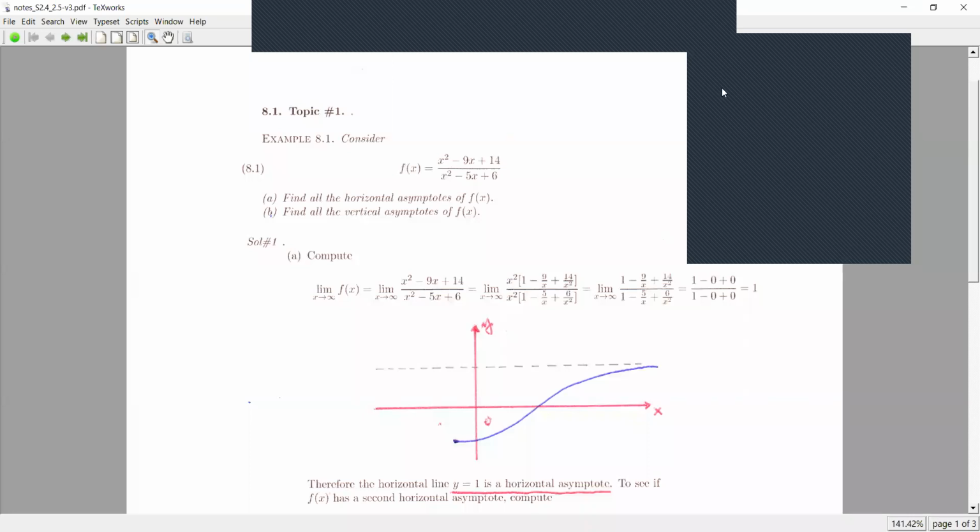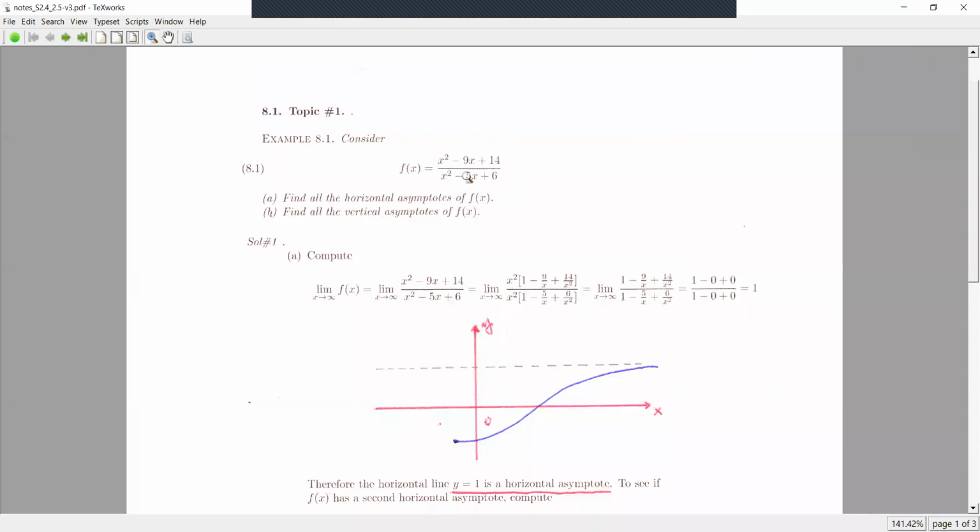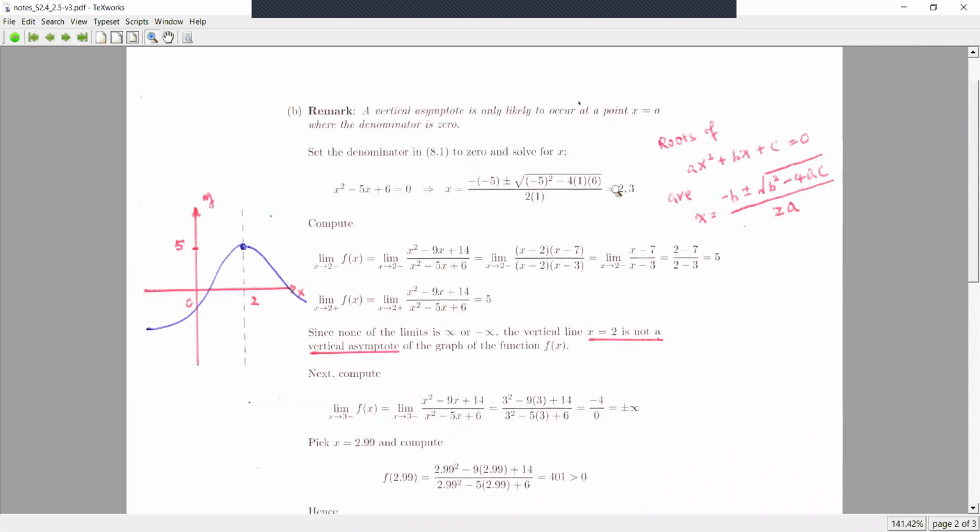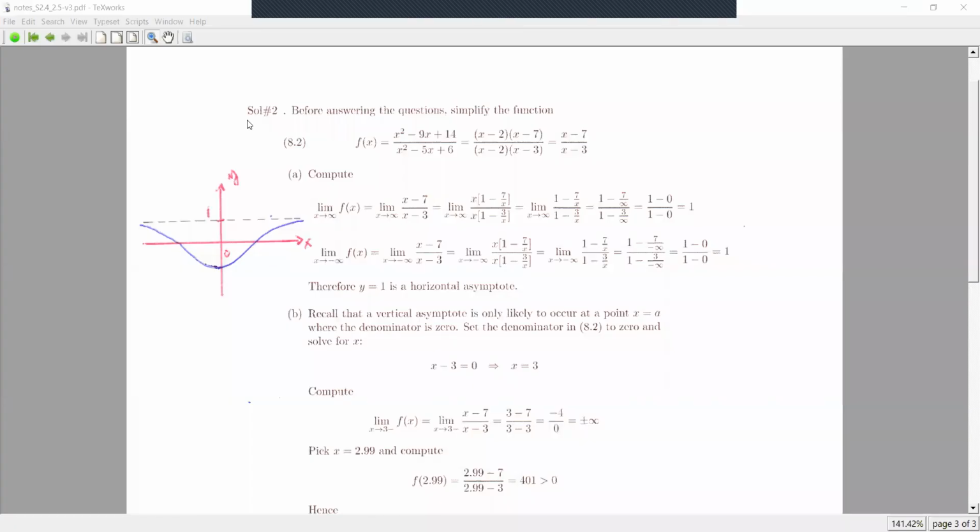In the second solution, I simplify the function first before I answer these 2 questions. In this way, the number 2, where the function has no vertical asymptote, will be dropped automatically. Here is the second solution.